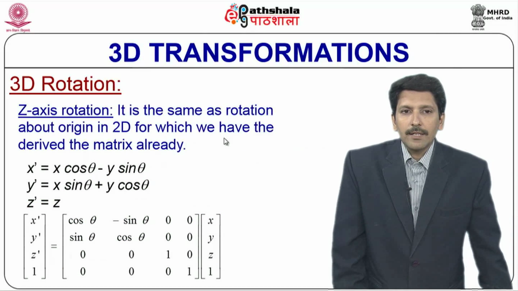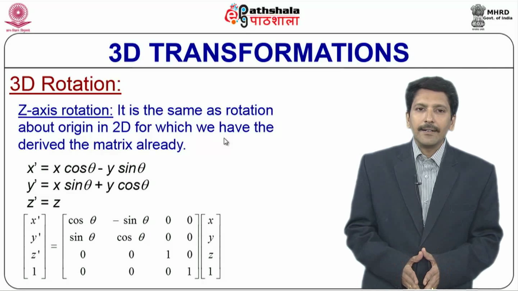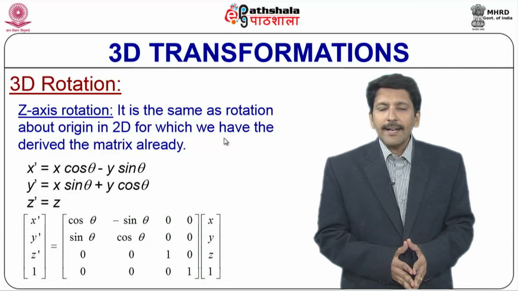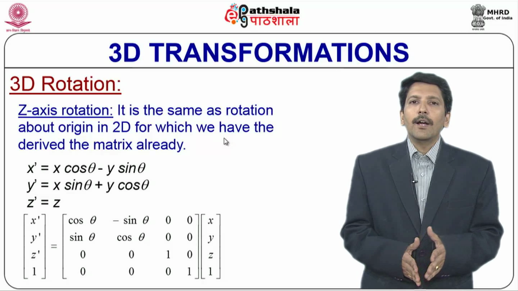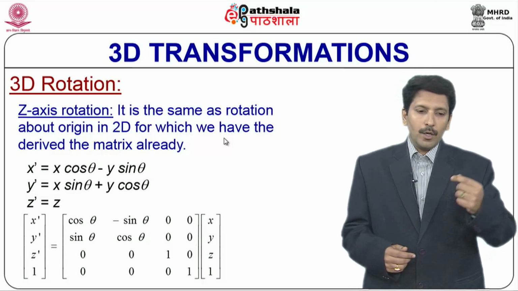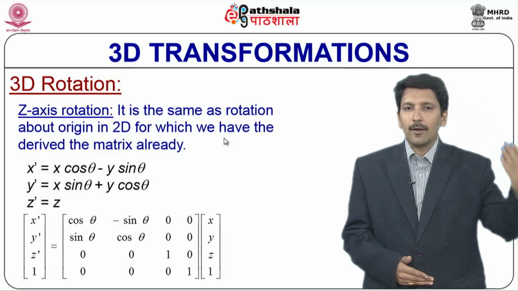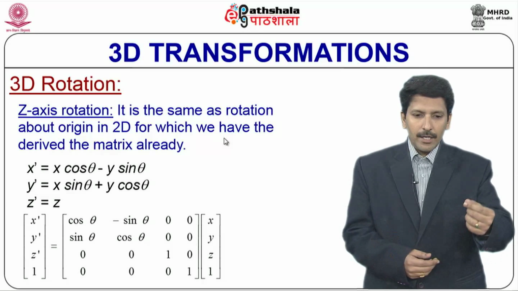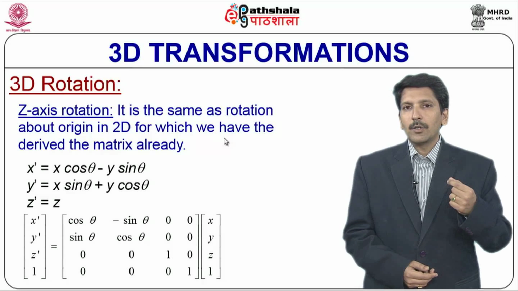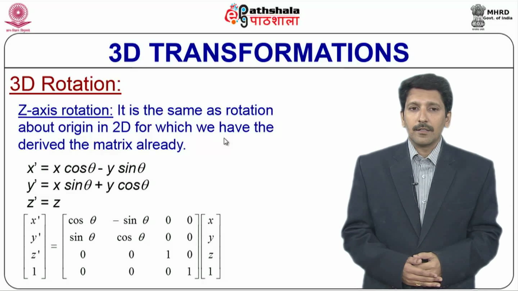First, we will understand how the z axis rotation is done. Imagine you have an axis passing through the origin and perpendicular to the coordinate system. Imagine you have a plane-like object, and your z direction is the direction that is perpendicular and passing through the origin of the coordinate system.